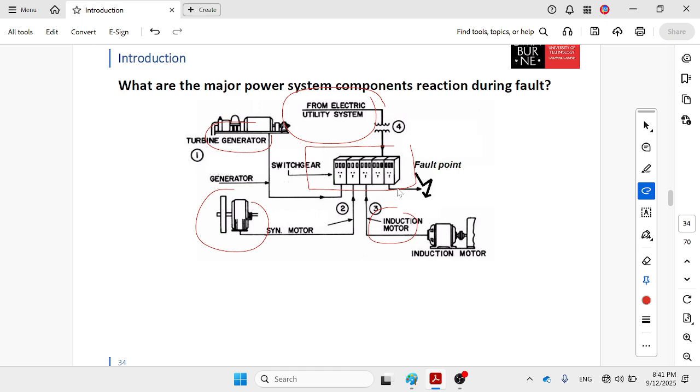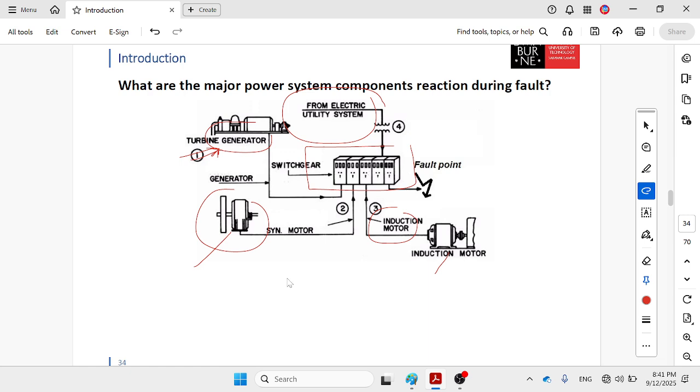The other parts of the power system can also be considered, but these are the most important. Why? Because these two types of motors can be considered during the fault. Means during the fault, these for a while, not for the whole fault duration, can convert to generator. What's the meaning of that?